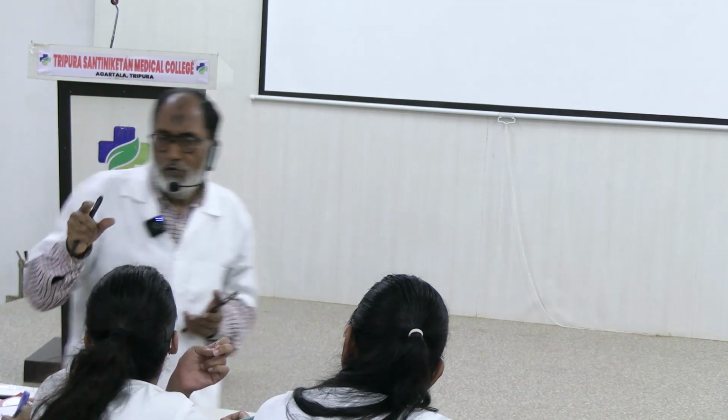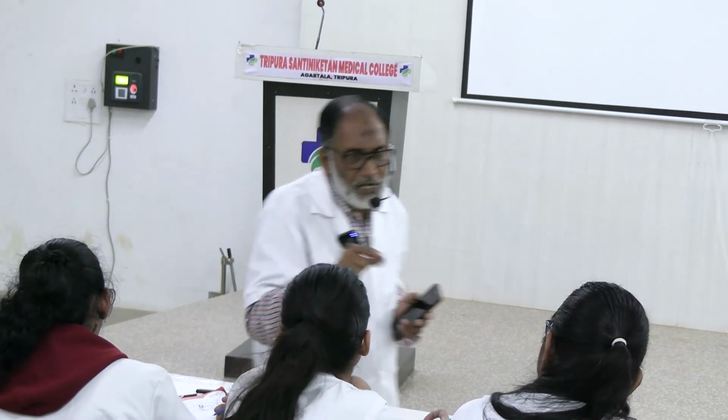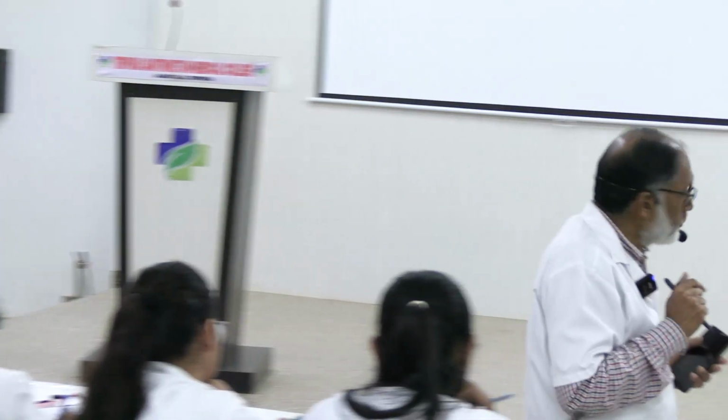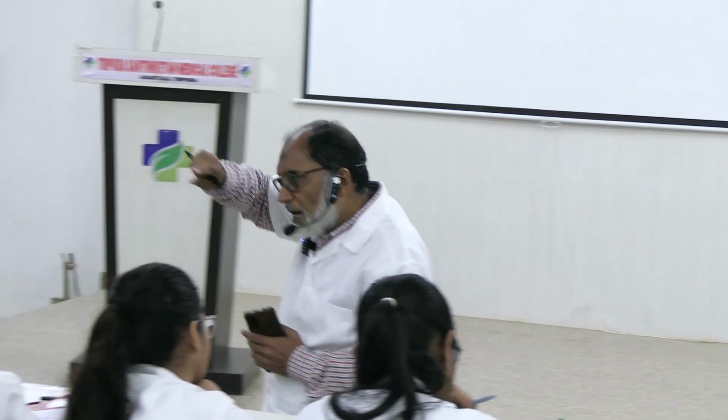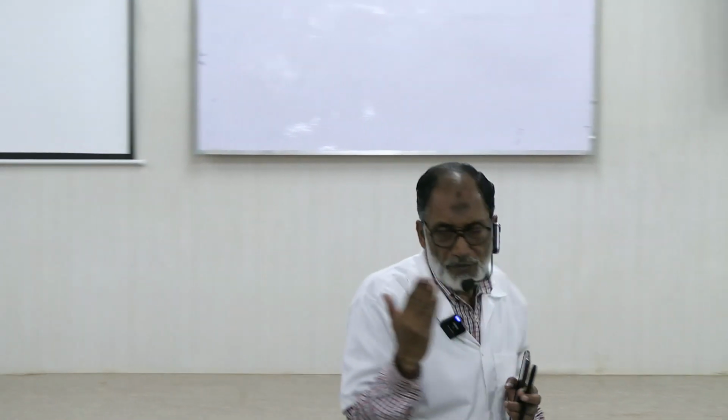There you will get two things, fossa ovalis and limbus fossa ovalis. Limbus fossa ovalis is the lower margin of the septum secundum, and fossa ovalis is the septum primum. These are two important practical questions in your exam.